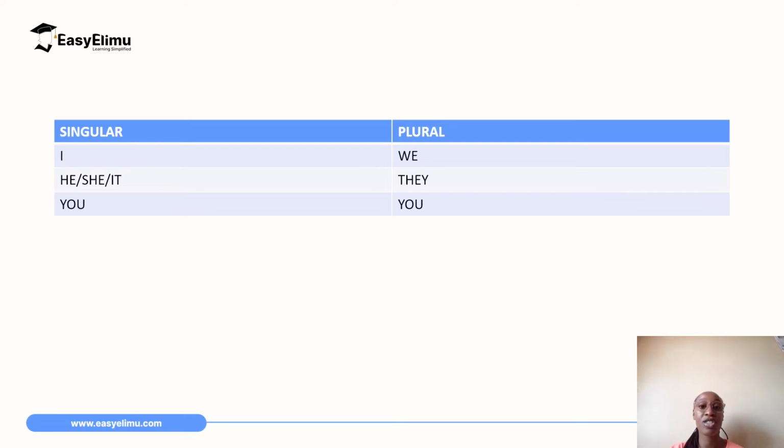It is chasing after a rat. The plural will be, they are chasing after a rat. And finally, we have said that you remains unchanged for both singular and plural. So if you say, you are going to school, in the plural, you are going to school.